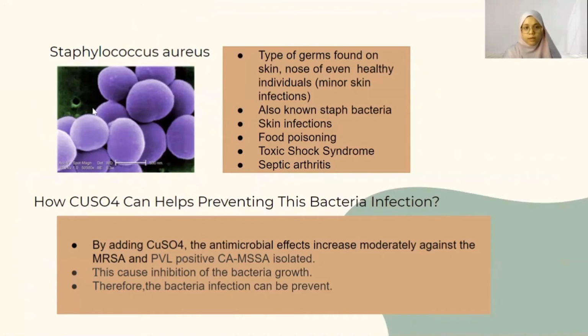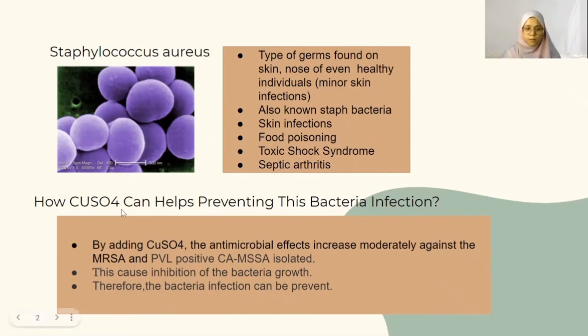But this kind of bacterial infection also needs to be prevented at an early stage because it can lead to many other bad consequences. These bacteria are also known as staph bacteria, which can also cause and lead to skin infection, such as boils, food poisoning, toxic shock syndrome, and septic arthritis such as joint swelling.